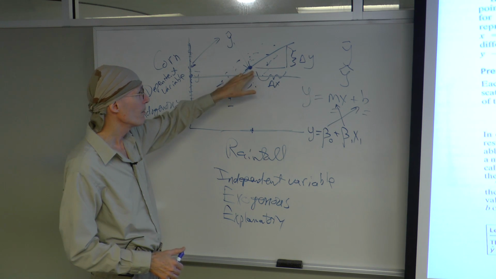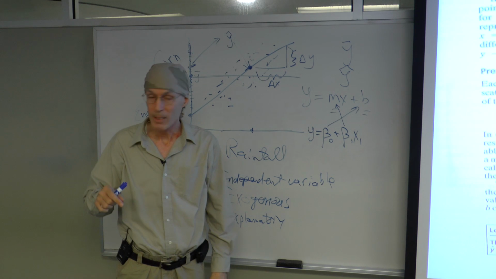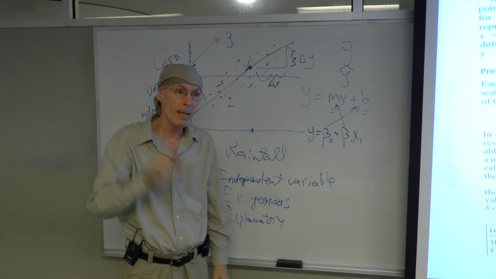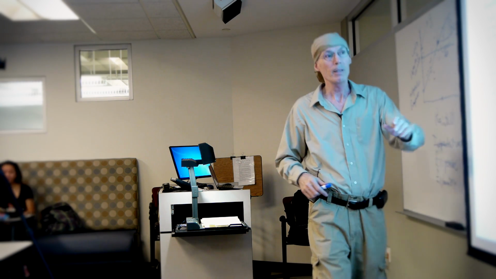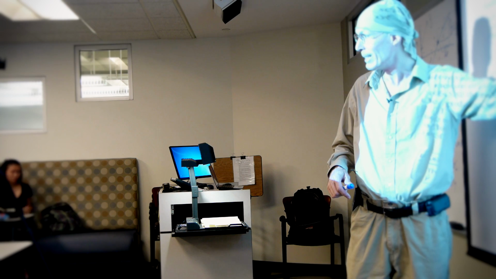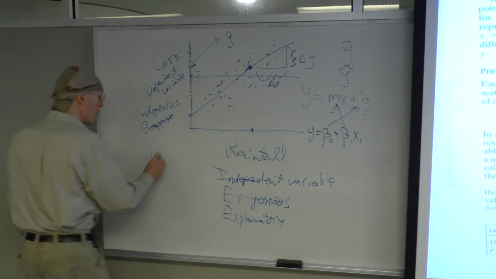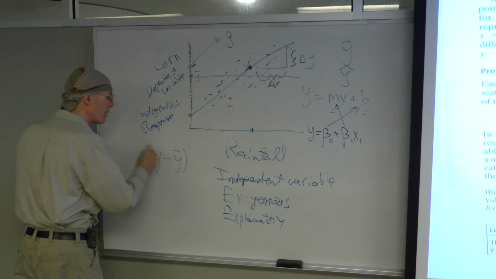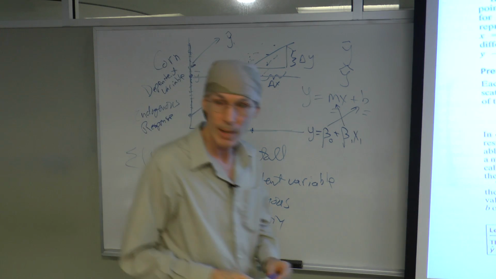I can do y hat, which is a little caret on top. So the regression line is better than that. So the big comparison is, with regard to this, the sums of squared errors. Are you going to be looking at that difference and comparing it to the difference when we had y minus y bar squared and adding that up? Remember when we were calculating the variance?